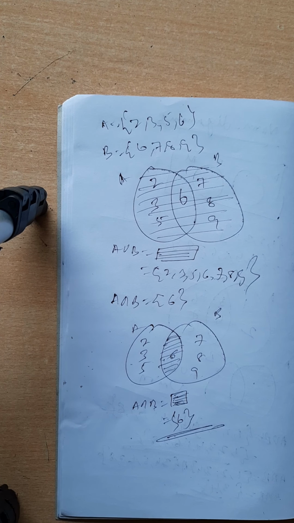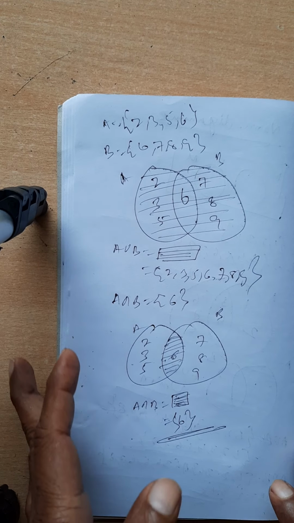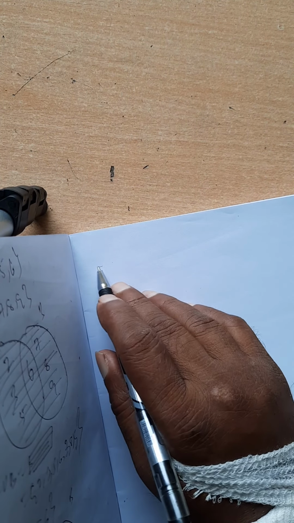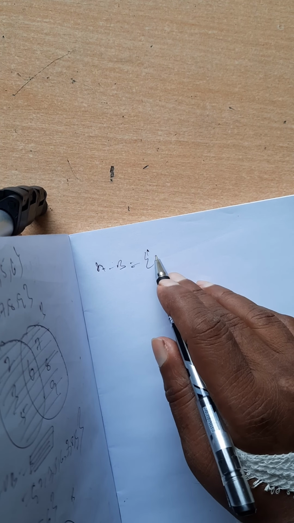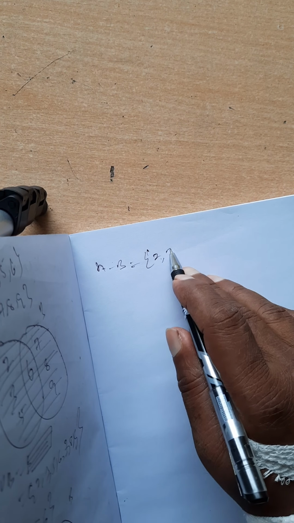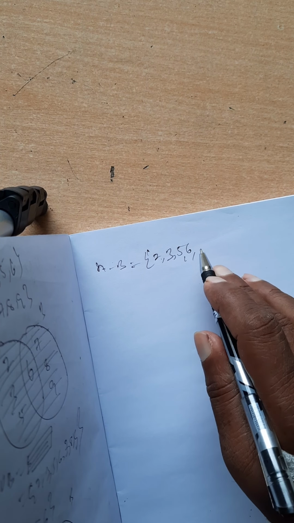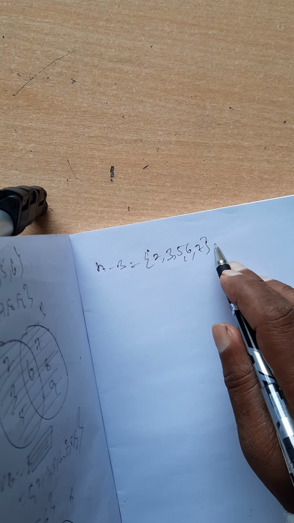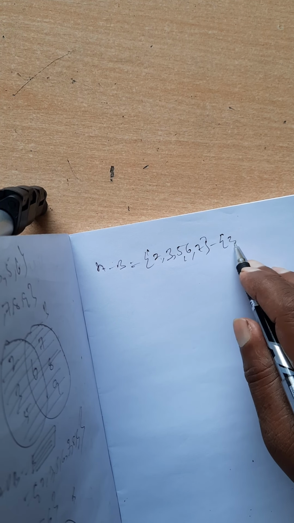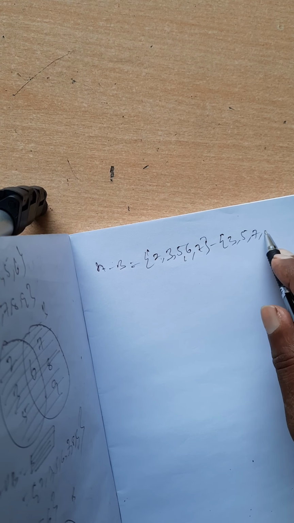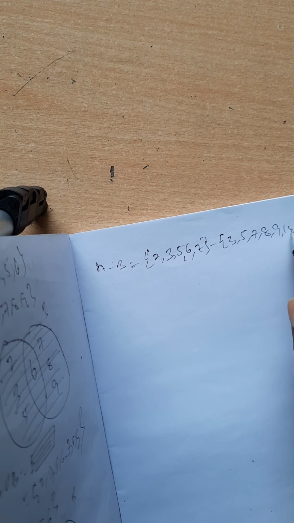Now come to know about A minus B. These are all operations. A is 2, 3, 5, 6, 7. Minus B, which is 3, 5, 7, 8, 9, 10.